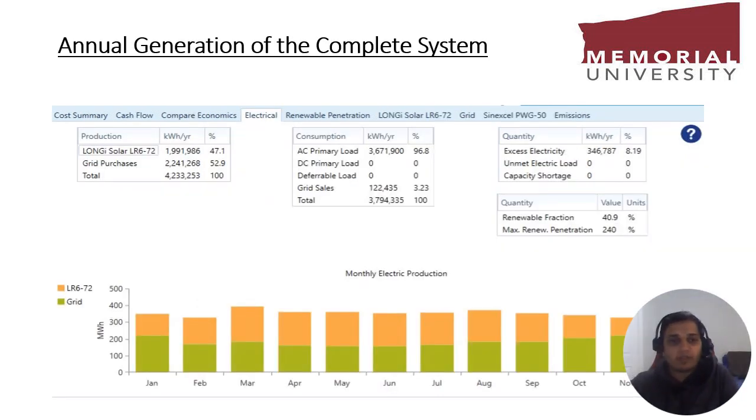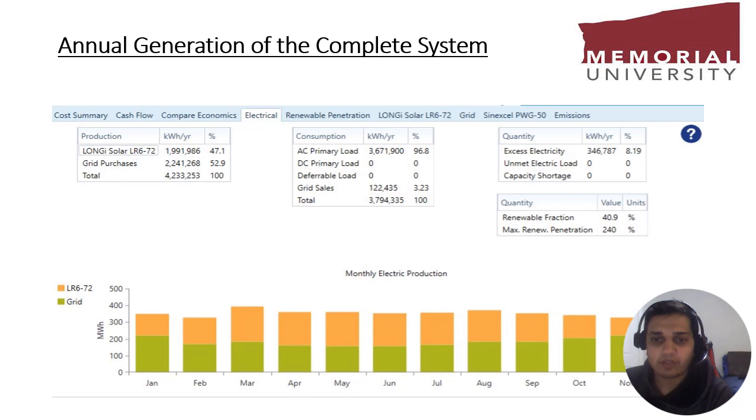And here we can see that for the total annual generation of the system, 47.1% of the energy is produced from the solar panels, and 52.9% of the energy is purchased from the grid, or the local power supplier. The excess electricity is very negligible, around 8.19% of the installed capacity, and the renewable fraction of the solar system is 40.9%.